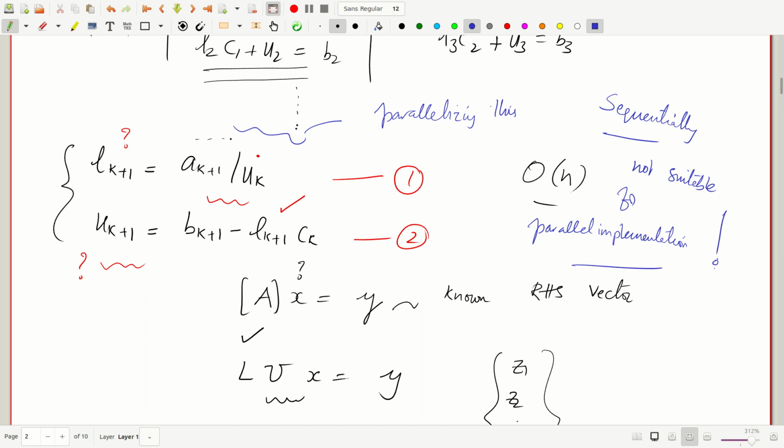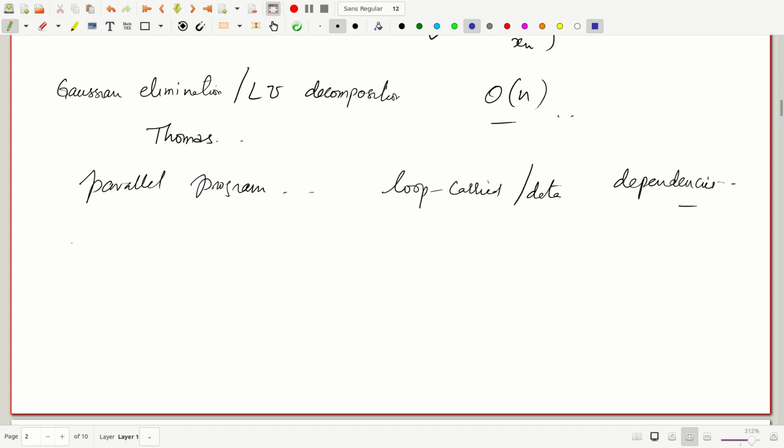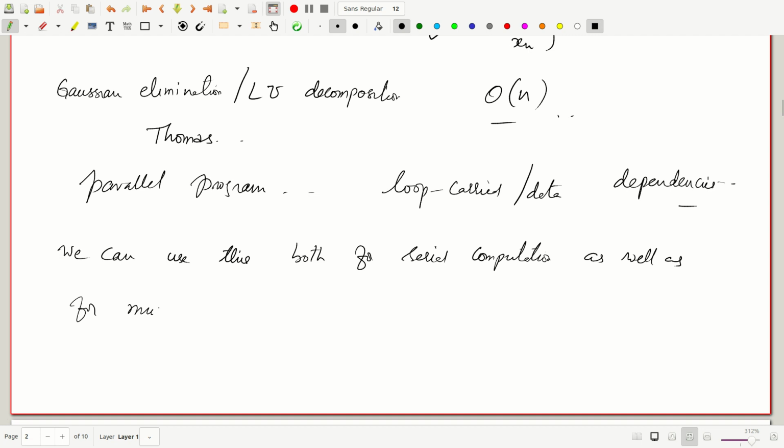Okay, but it's not all so bad, because we will see later that we can use this both for serial computation as well as for multidimensional parallel computation.